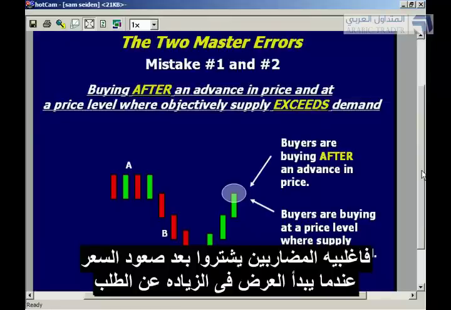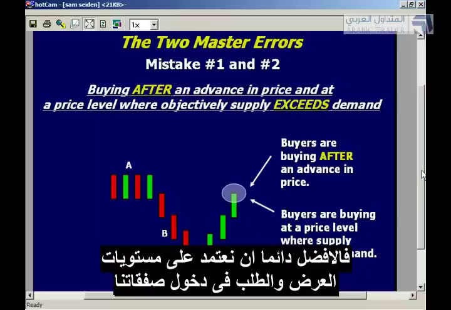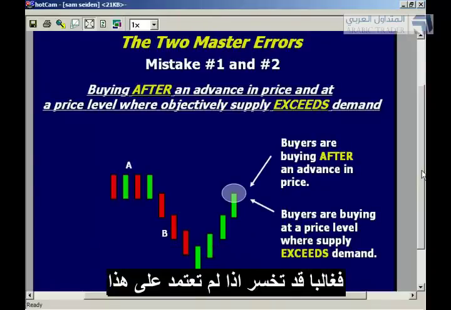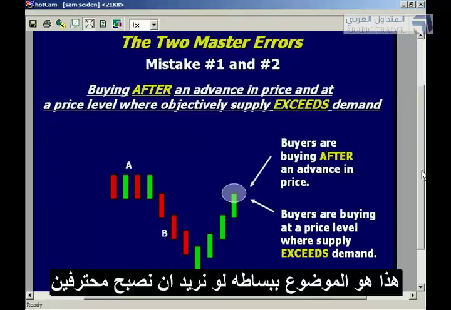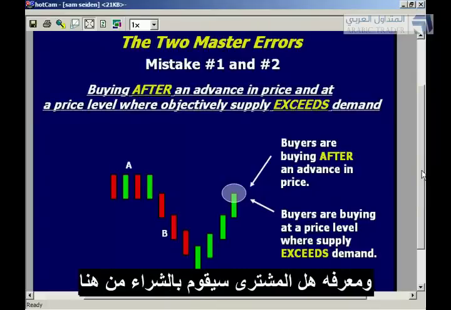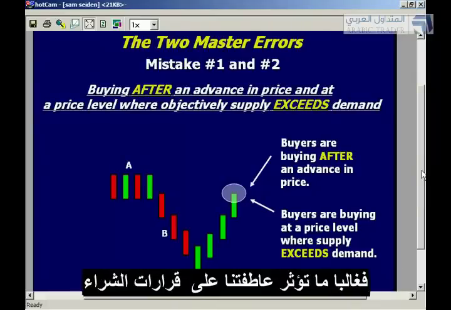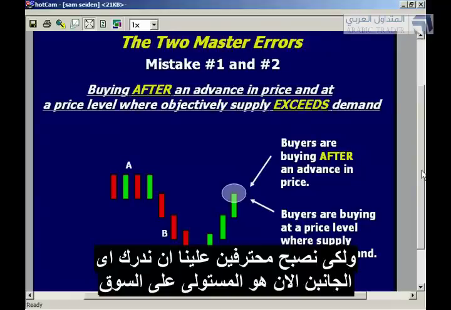They buy after a period of buying, and they buy at price levels where supply exceeds demand. The laws of supply and demand say you will consistently lose if you do that. We simply want to identify that. We want to become proficient in identifying that novice buyer, who's buying on emotion for all kinds of other reasons, and simply come in and take the other side of their trade.